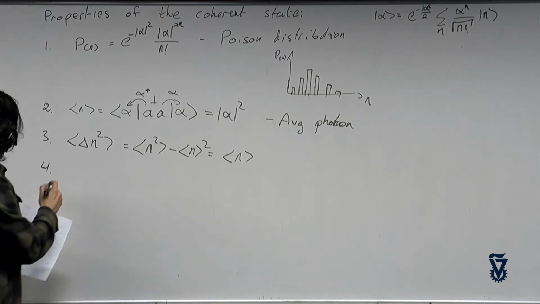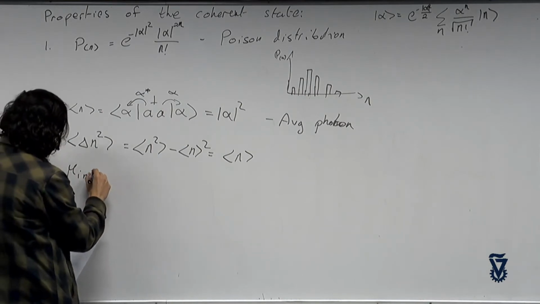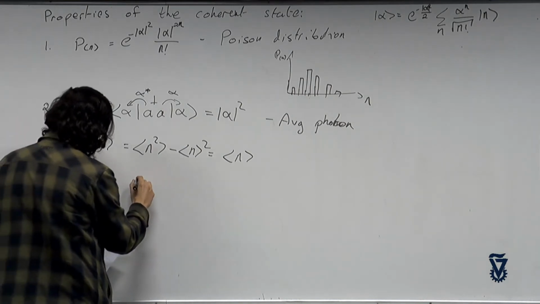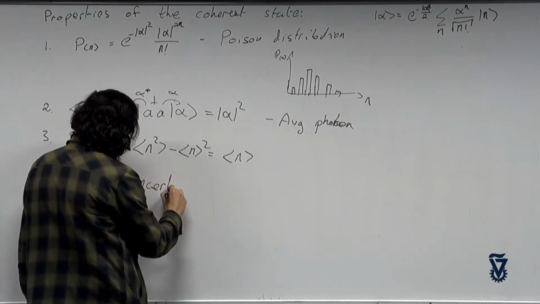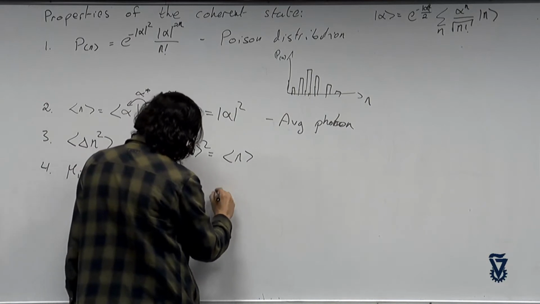And another nice property to remember is that this is what is called the minimum uncertainty state.